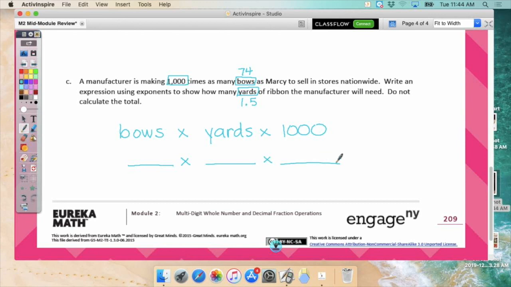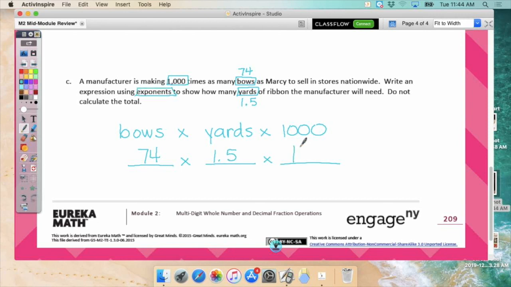And then, I think on your test I went ahead and made lines for you to write on. Okay, so how many bows did she originally make? That goes here. How many yards did each bow require? 1.5. And how do I write 1,000 using exponents?